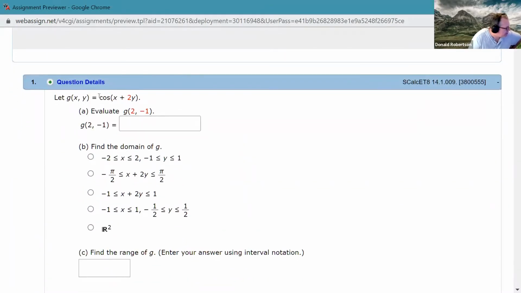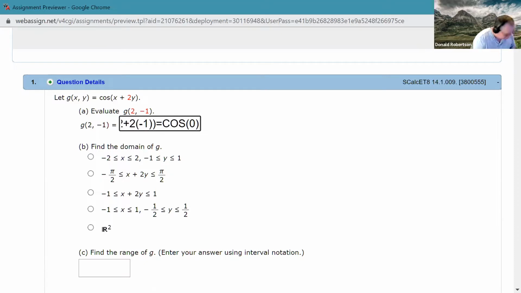Right, so here is our multivariable function. It's cosine of x add 2y. So if you're asked to evaluate this expression at that point, aren't you basically going to be finding, well, let's type it in, the cosine of x, which is 2, plus 2 lots of y, plus 2 lots of -1, which actually is just the cosine of 0.